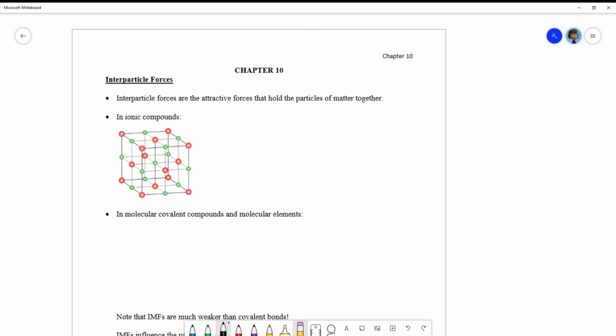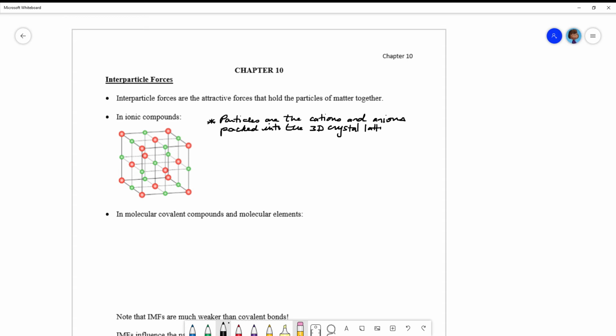When we're talking about the particles of matter in ionic compounds, we're talking about the cations and anions in those ionic compounds, which all get packed together in a three-dimensional crystal lattice. So let's write that here. Particles are the cations and anions packed into the three-dimensional crystal lattice.